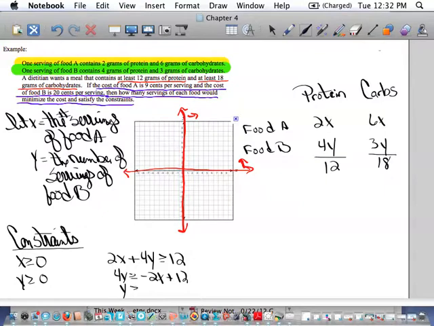So y is greater than or equal to minus 1/2 x plus 3. So we have a y-intercept at 3 and a slope of negative 1/2. So we can go ahead and put in that line.